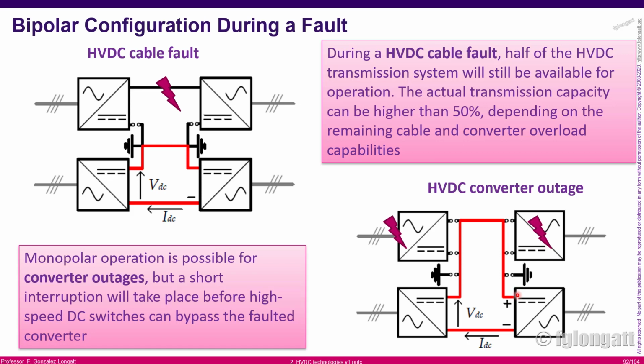This is a possible option. This is another possible option when we have a converter outage, okay? What you need to know and understand is that there are switches located on those cables that must allow the interconnection of the ground return and the cables in order to fulfill this configuration, okay?